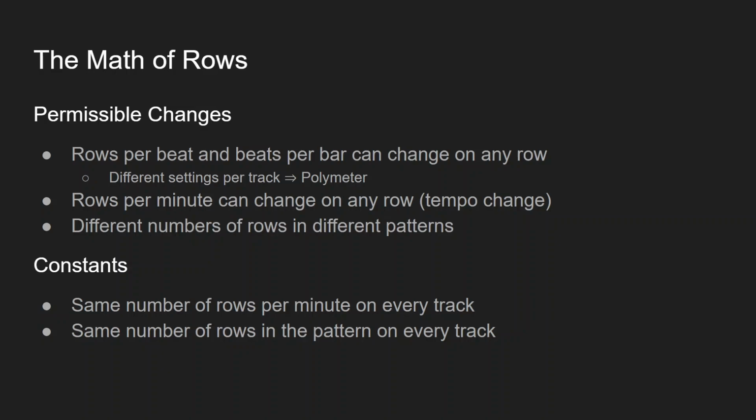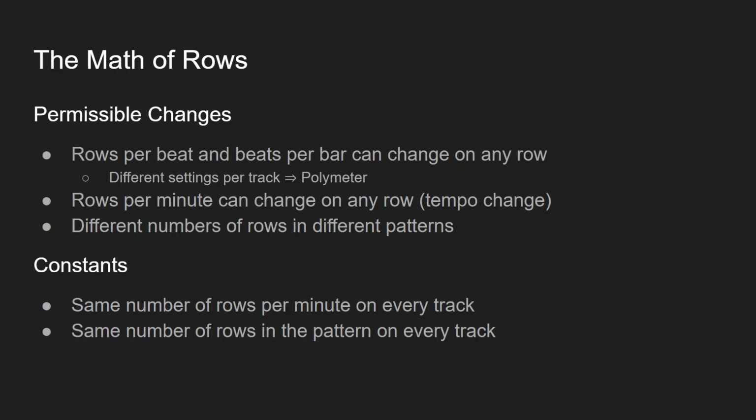So that means that we can have polymeter, and you can change the number of rows per minute at any time. So that's like a tempo change, and each pattern can have a different number of rows. So you can have shorter patterns and longer patterns.